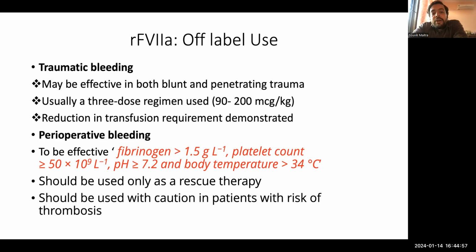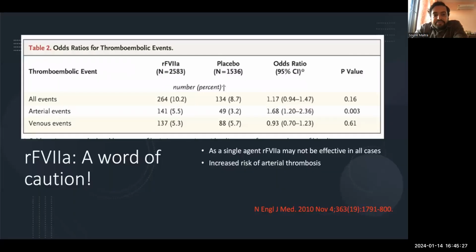So when you have ensured that platelet count is adequate, fibrinogen level is adequate, and there is no acidosis and no hypothermia, like pH more than 7.2 and core body temperature above 34 degrees centigrade, still, if there is bleeding in the absence of a coagulopathy, recombinant factor 7A can be tried. But again, the benefit in this clinical scenario is doubtful. So routine use of factor 7A for perioperative and traumatic bleeding should not be encouraged.